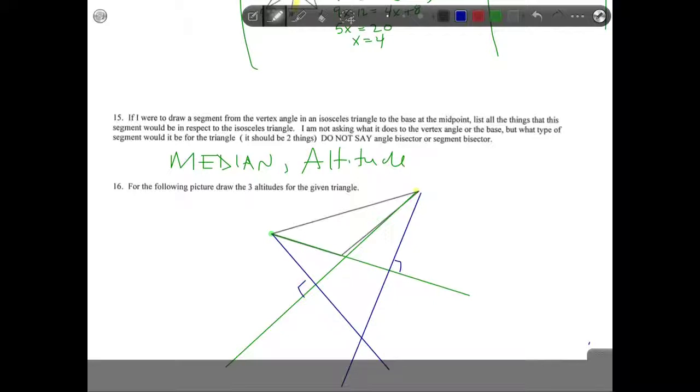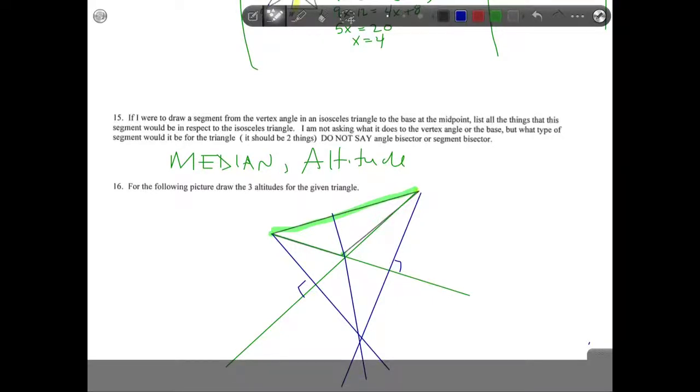And again, I just wanted a rough sketch, to see if you knew what you were doing. And then from this vertex to the side opposite it would be this side over here. I would just draw that little short line, but I want to go all the way through so it meets up with the other ones.